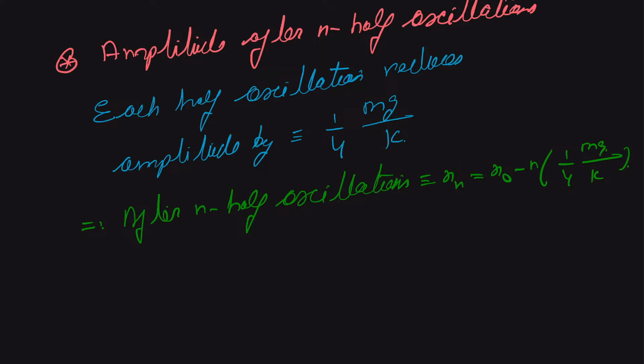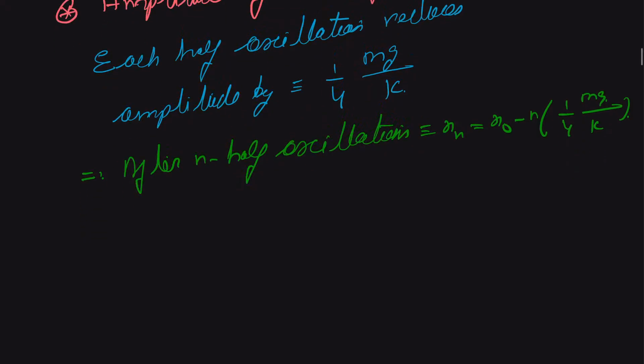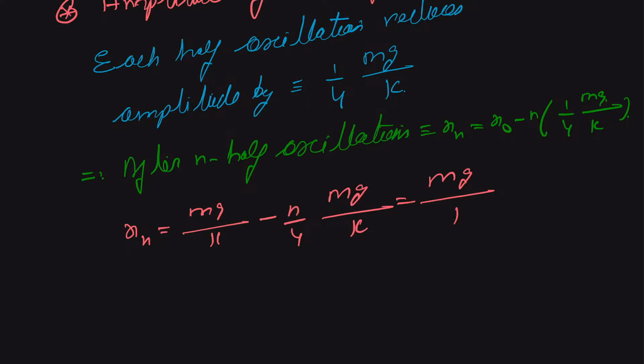And we know that x naught is mg upon k. So therefore we can write that x of n is equal to mg upon k minus n upon 4 mg upon k. We can take mg upon k as common. So this comes as 1 minus n upon 4. Okay. And this is nothing but an arithmetic sequence.